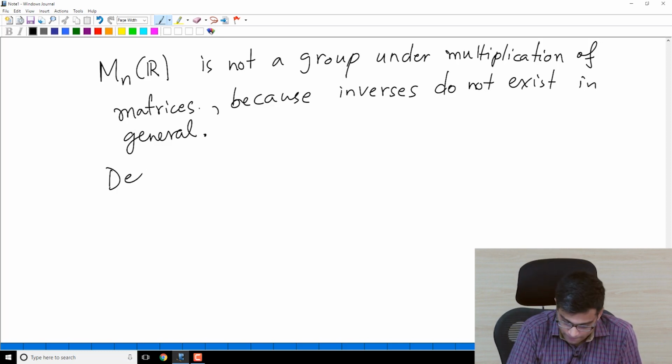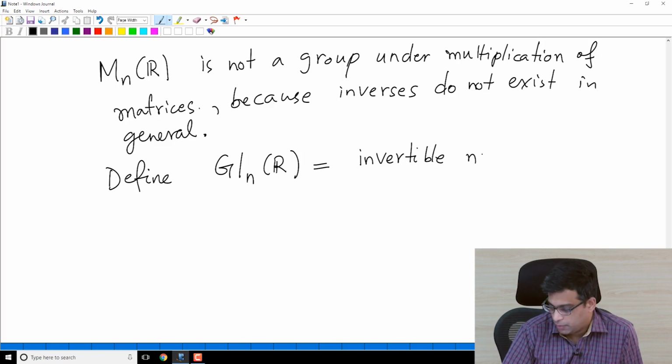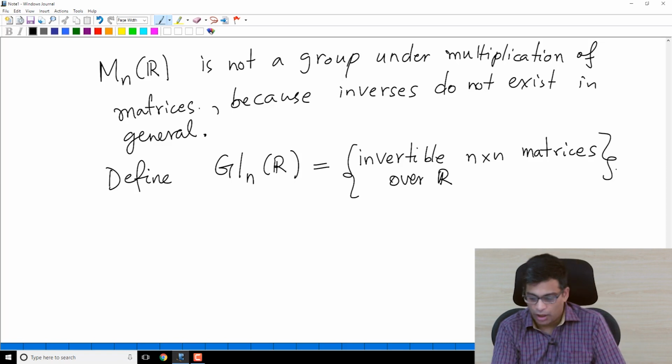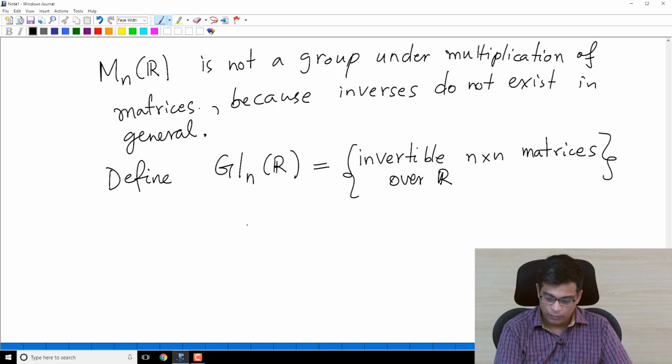So, now define GL n R, as it is usually denoted, to be the set of invertible n by n matrices over R. We have artificially restricted our attention to only those which admit inverses. Then GL n R is a group.